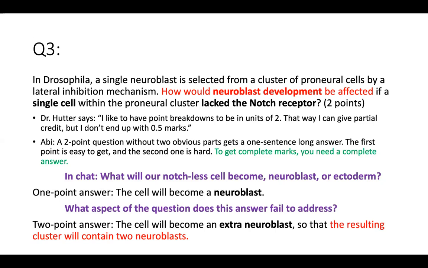It wouldn't become the neuroblast in the cluster, because it doesn't have a Notch receptor, it can't be inhibited. Okay, so it will also inhibit those around it, won't it? Yes. And if it's not affected by other cells nearby, then it would win out versus other cells. That's what I think. I originally thought it was 2 neuroblasts, but then I was like, isn't this a competition for one cell in the cluster to become the neuroblast?